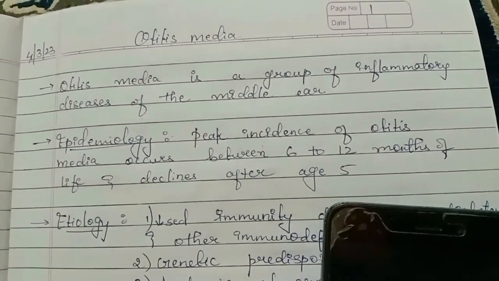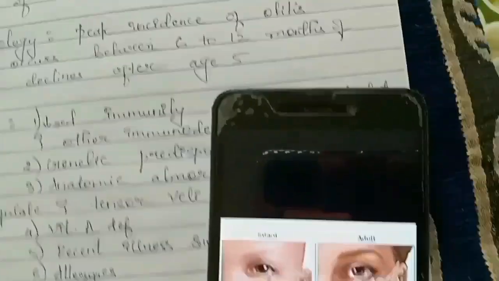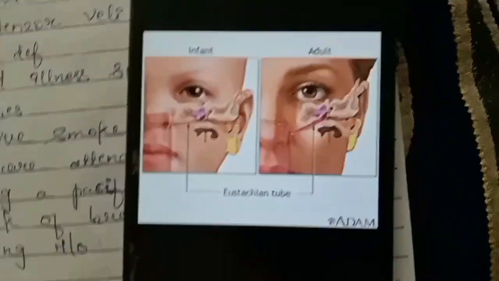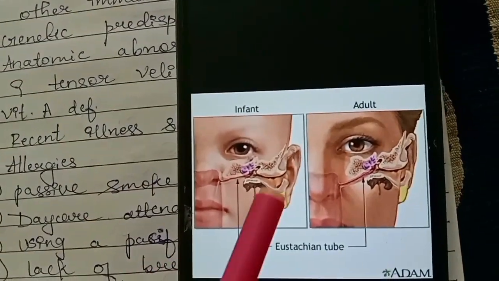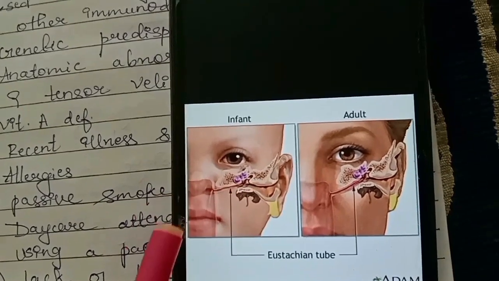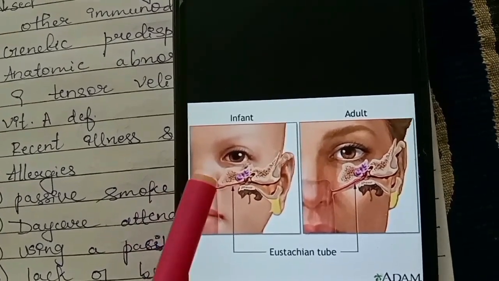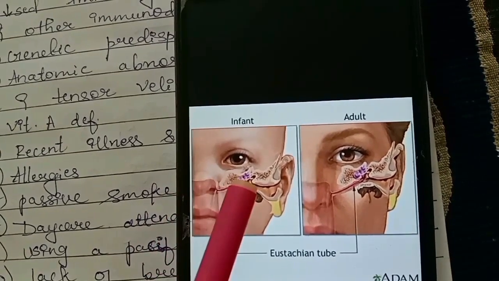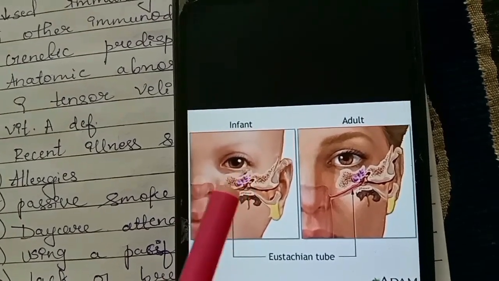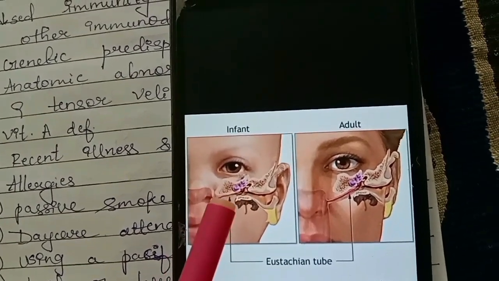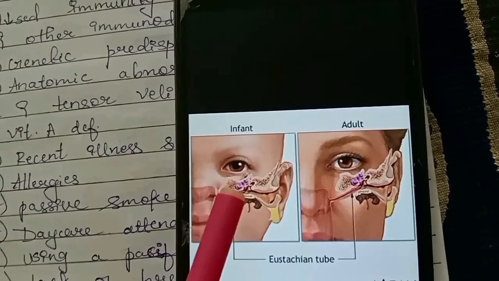So why is it common in children? Because of the eustachian tube. The eustachian tube in children is more horizontal, so infection in the nose is directly transmitted to the middle ear via the eustachian tube, as it is more horizontal and shorter.